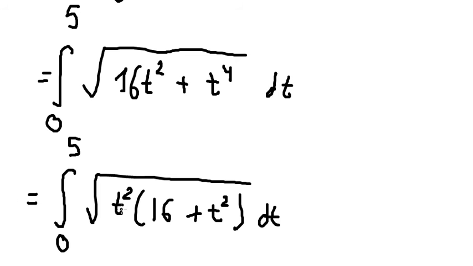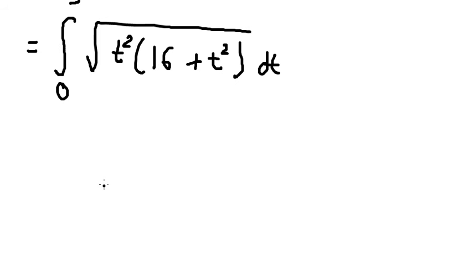So the square root of t squared, you get t in here. Because the bounds are from 0 to 5, this is positive. So when we put t squared outside, you get positive.